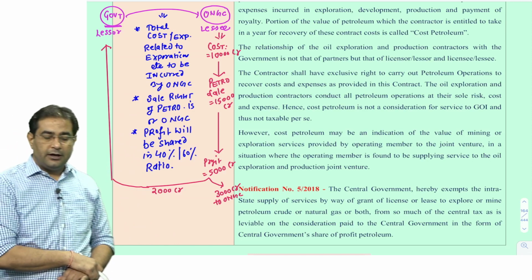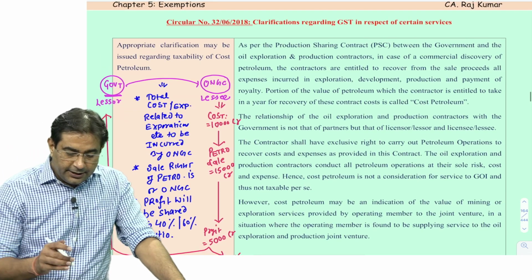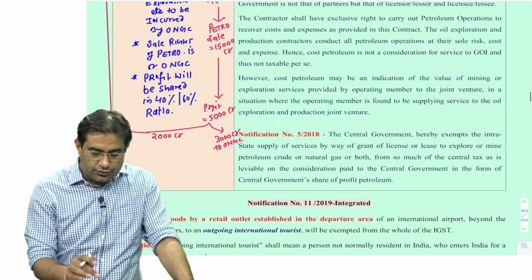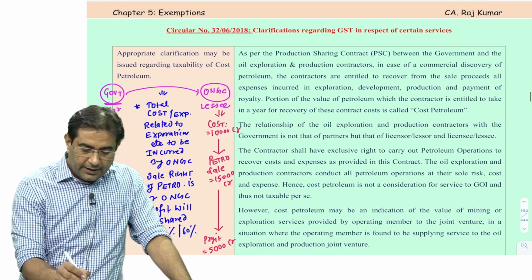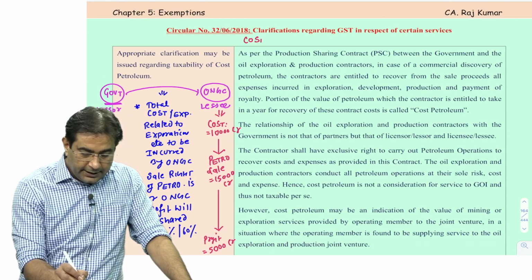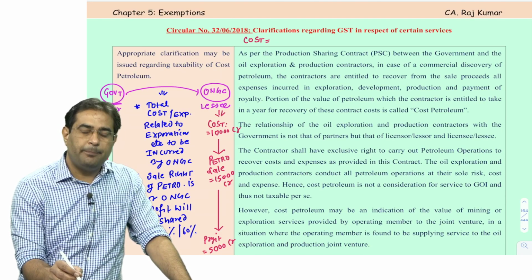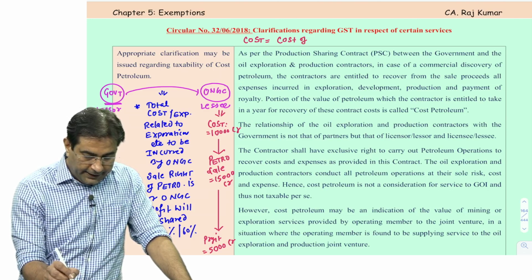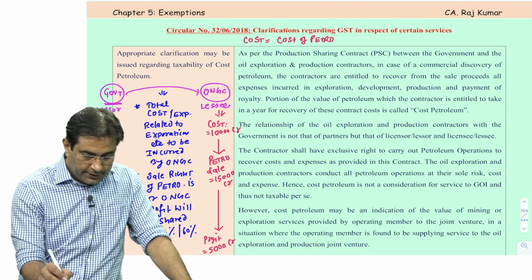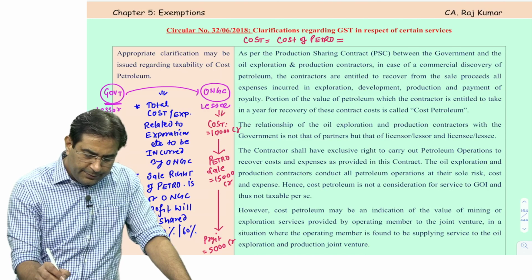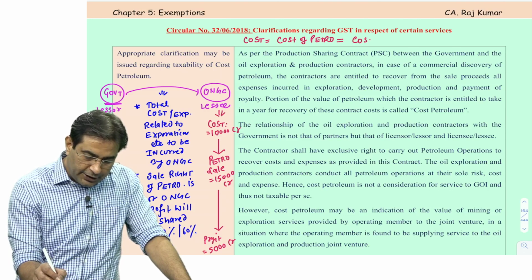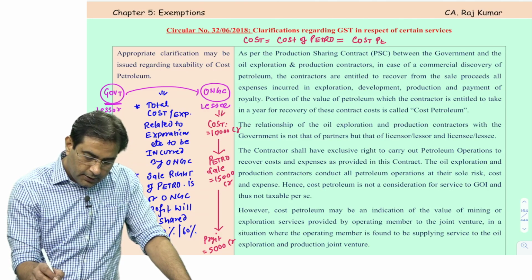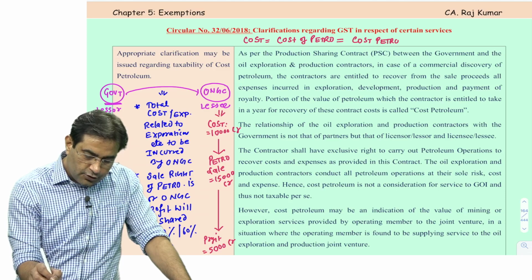First of all, I would like to tell you, here is the word we have used: cost. Technically, it is called cost of petroleum, the cost of petroleum to extract, develop, etc. It can be simply said as cost petroleum, or simply called cost petroleum.